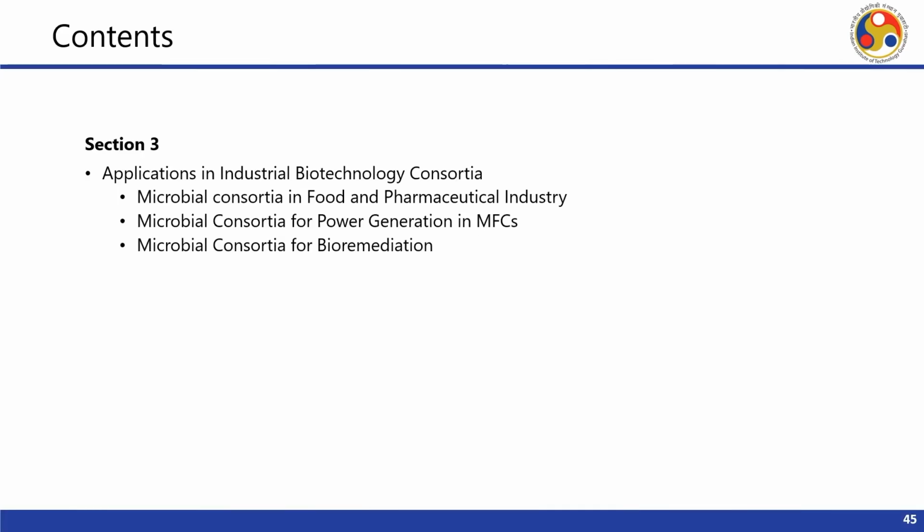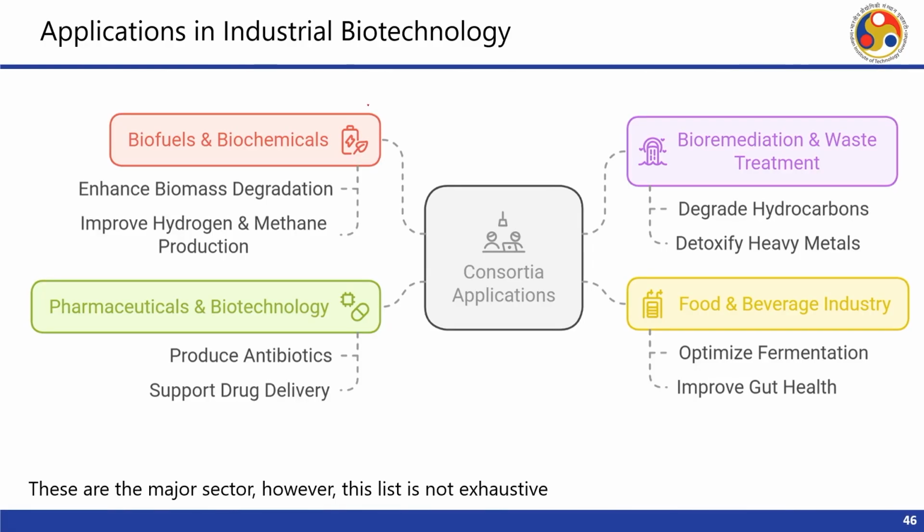Let us now move into the third section, where we discuss the applications of microbial consortia in industrial biotechnology. For example, in the case of the food and pharmaceutical industry, in the case of power generation in MFCs, and for bioremediation. So, these microbial consortia have various applications. For example, in the production of biofuels and biochemicals, it enhances biomass degradation, then improves hydrogen and methane production.